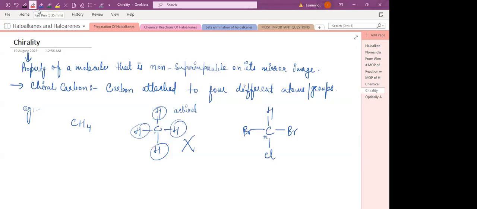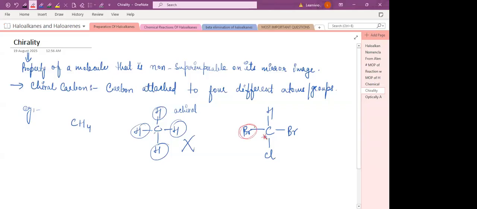It's chiral because it has four different atoms or groups. Are you sure? Muniba, tell me, is she correct? No, ma'am. These two are the same.